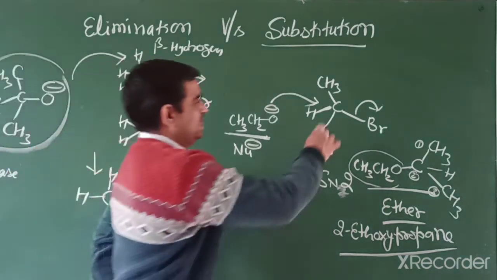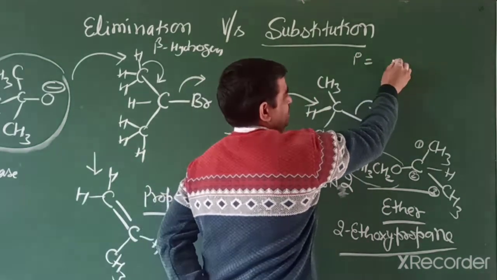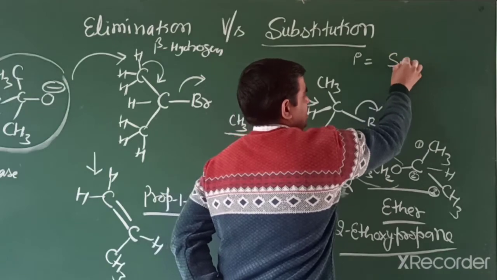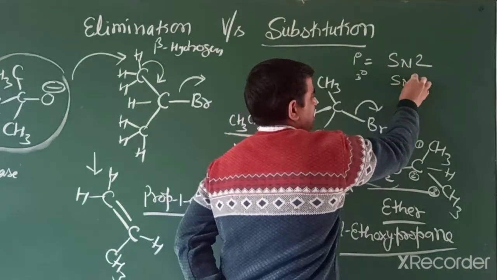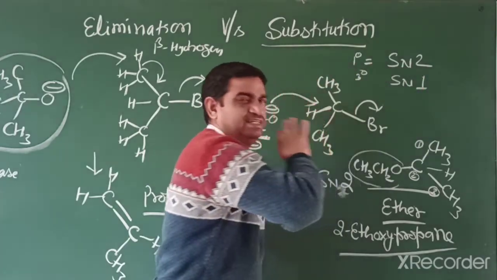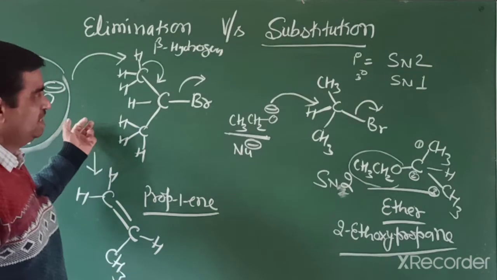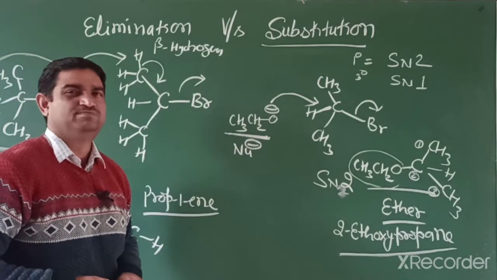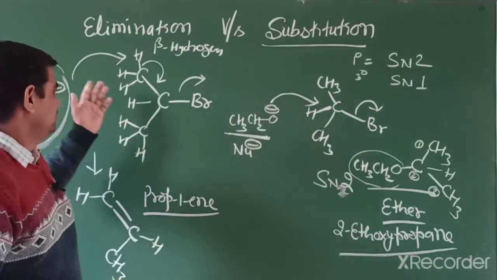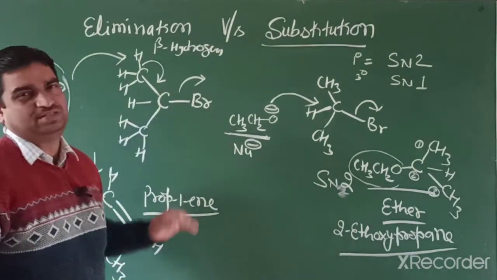If this alkyl halide is a primary, 1 degree halide, then generally the reaction occurs according to the SN2 mechanism. If 3 degree, then SN1 mechanism. If secondary, then there is competition, mostly between elimination and substitution, and it depends on the reaction medium, the nature of the substrate, and whether the solvent is alcoholic or aqueous.